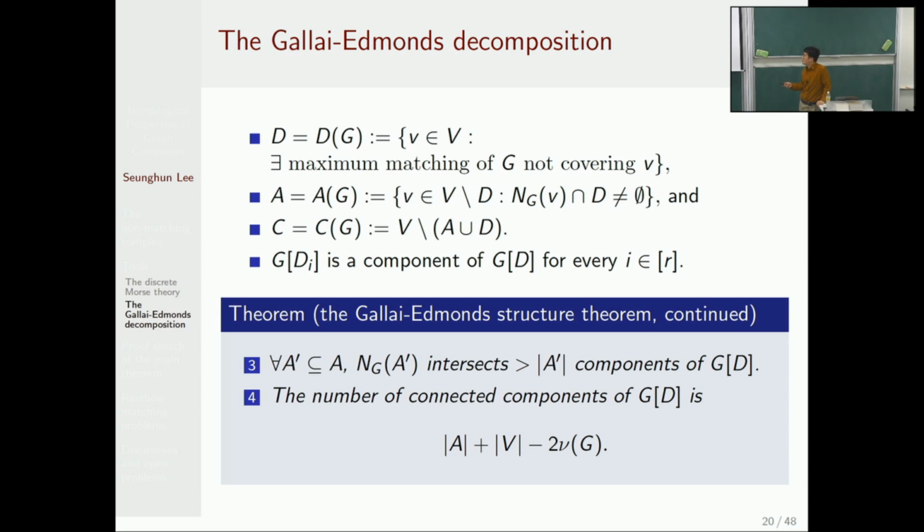And the number of connected components of G_D is determined by the size of A, the size of the vertex set, and the matching number of G.